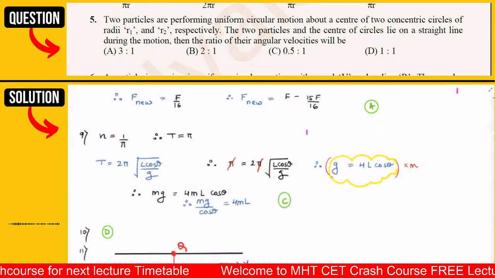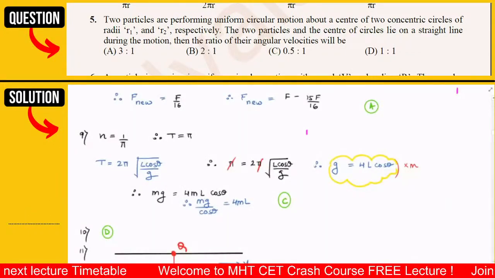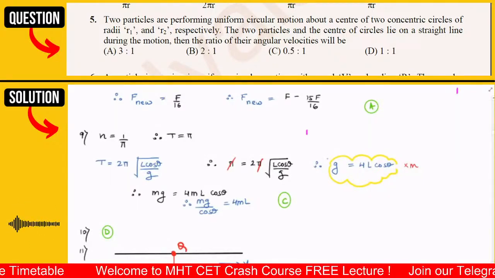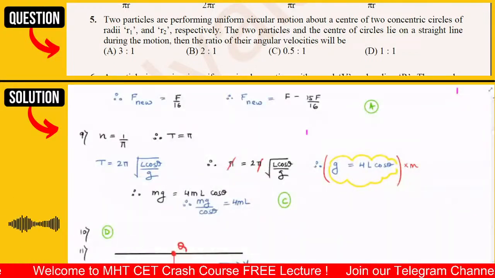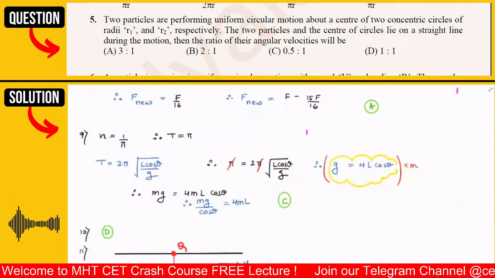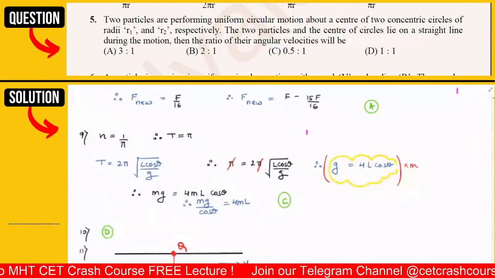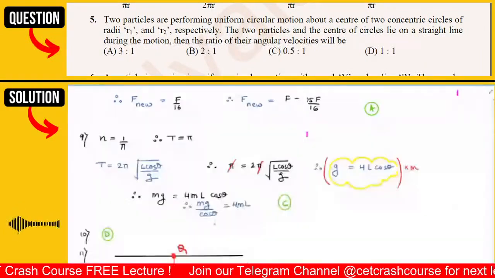And now what we do is, to this entire equation, we multiply m. We multiply m to this entire equation. So it becomes mg is equal to 4 ml cos theta. And do you remember that mg upon cos theta is tension?